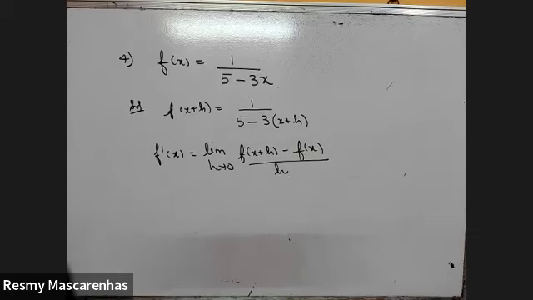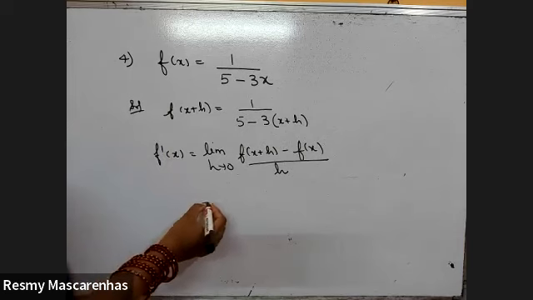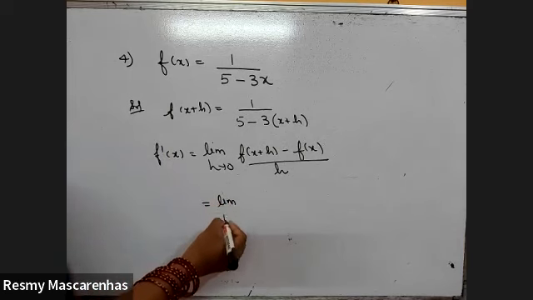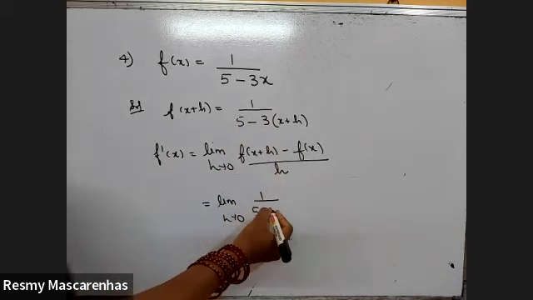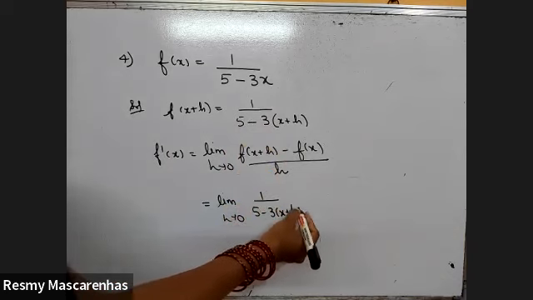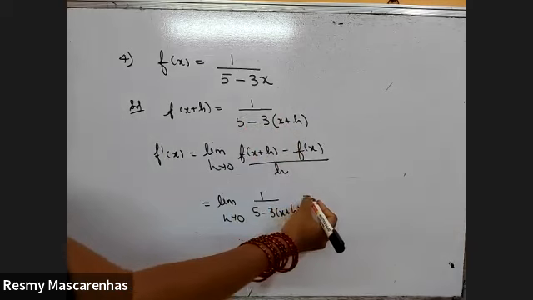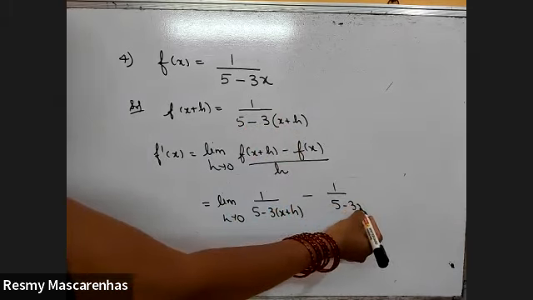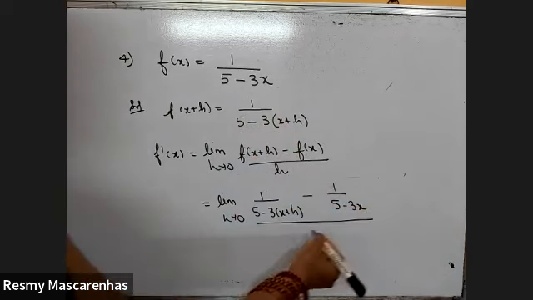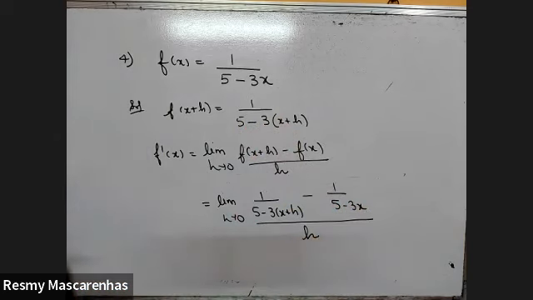Now substitute the answers. This is your f of x plus h value minus f of x, upon h. Open up the bracket.